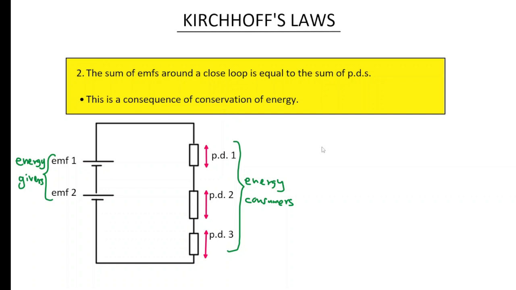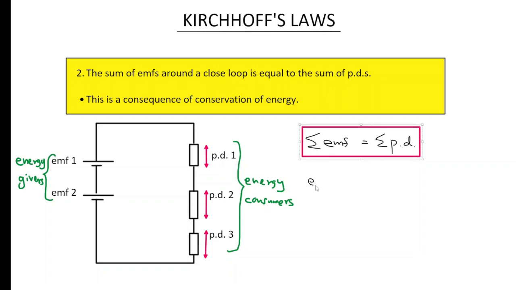So we can simply write Kirchhoff's second law like this: the sum of EMF, sigma EMF, is equal to the sigma PD. I can write it exactly for this one.